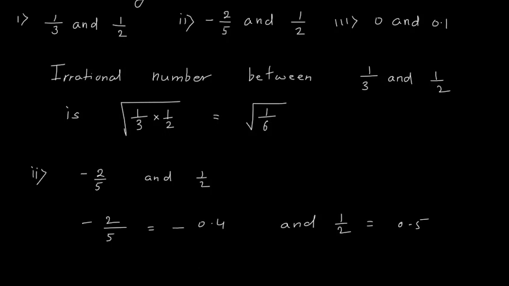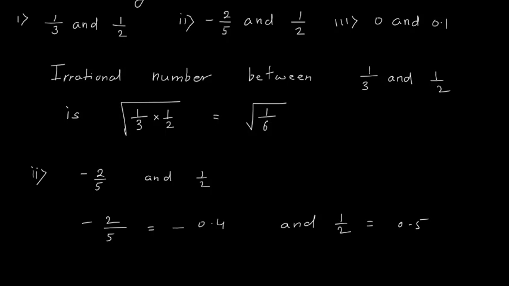Now I have to get a number between this minus 0.4 and this 0.5, which is an irrational number. So if I take the square, the square of this 0.5 is 0.25.